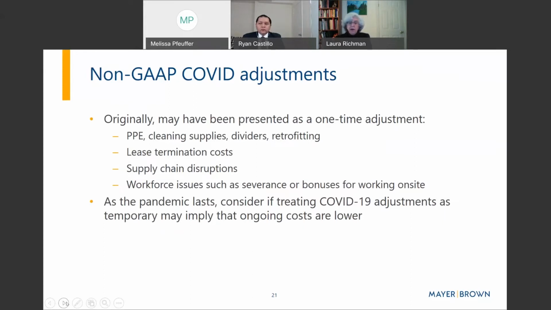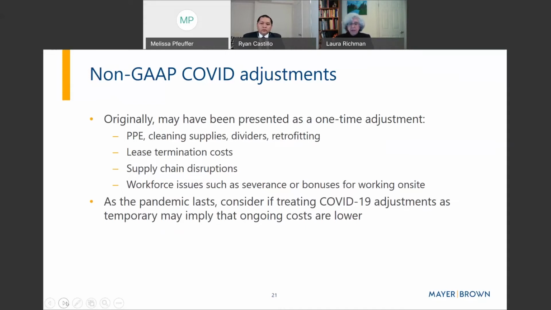You also need to keep the basics in mind that we've just gone over in terms of be sure you have the most directly comparable GAAP measure, and keep in mind what the guidance generally talks about as a measure that might be inherently misleading, and consider whether your disclosure controls and procedures are sufficient as they are now, or if you need to expand it in some way to cover the COVID adjustments.